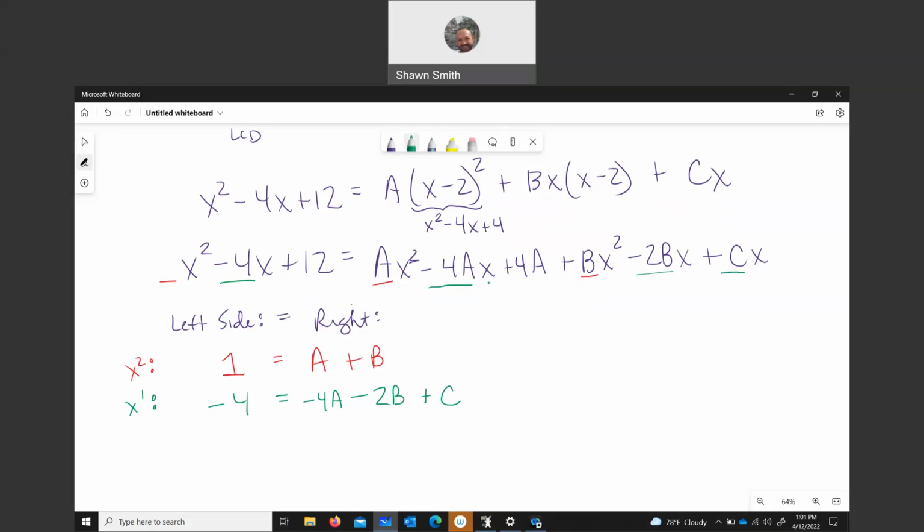All right, then we go to constants. Our constants, we got 12 is equal to 4a, and that's it.